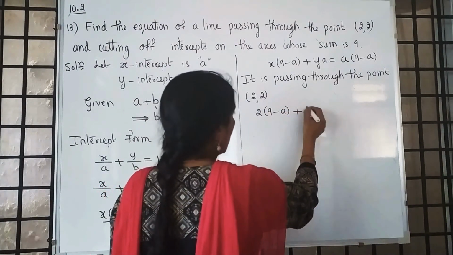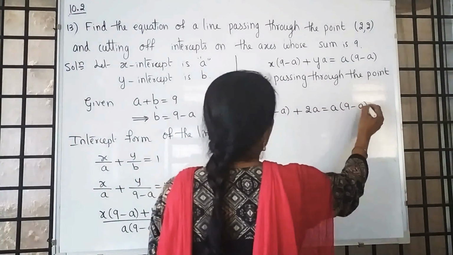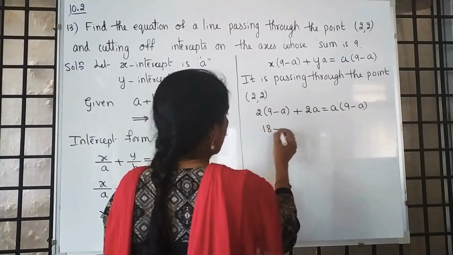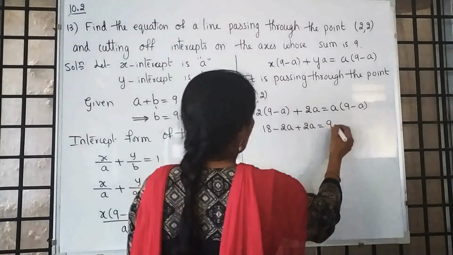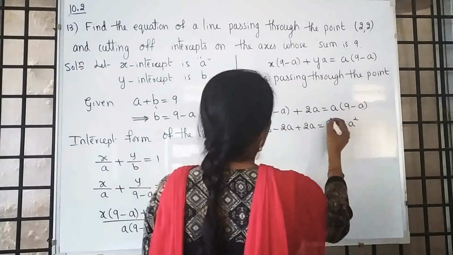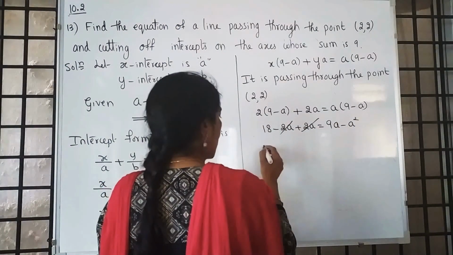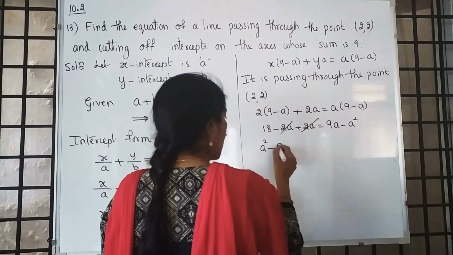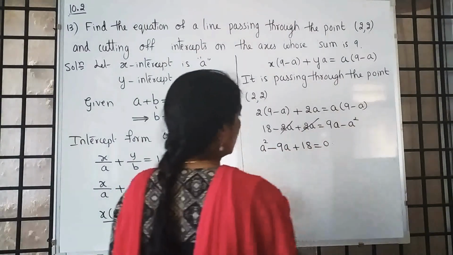In place of y also 2. 2a is equal to a into 9 minus a. 18 minus 2a plus 2a is equal to 9a minus a square. Plus 2a minus 2a gets cancelled. Take all the terms on left side. a square minus 9a plus 18 is equal to 0.